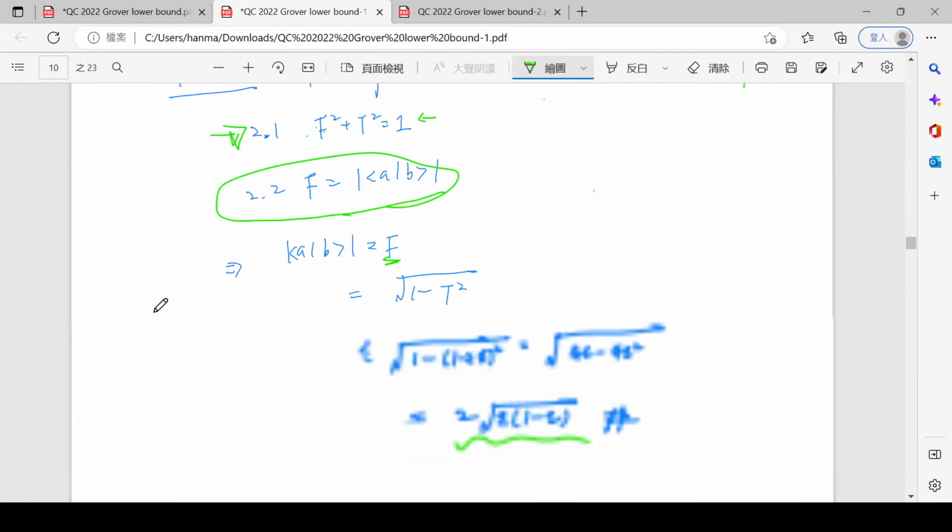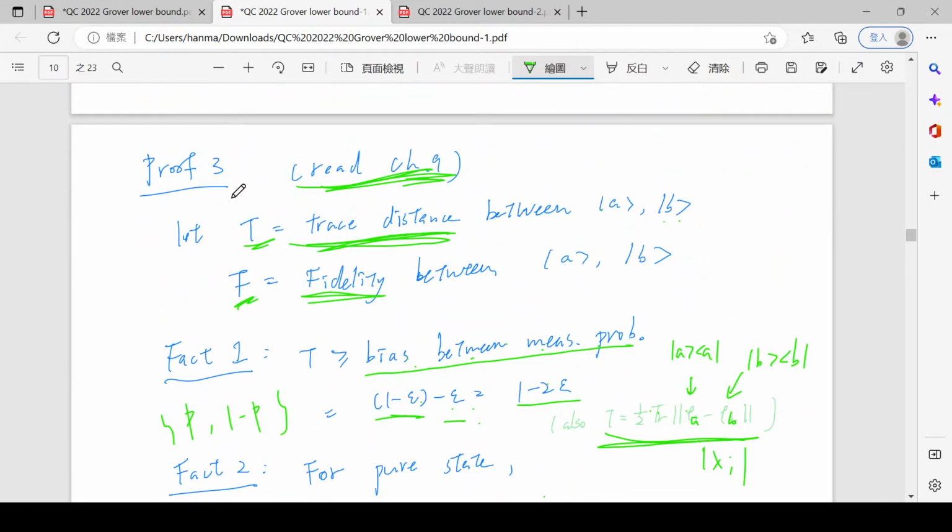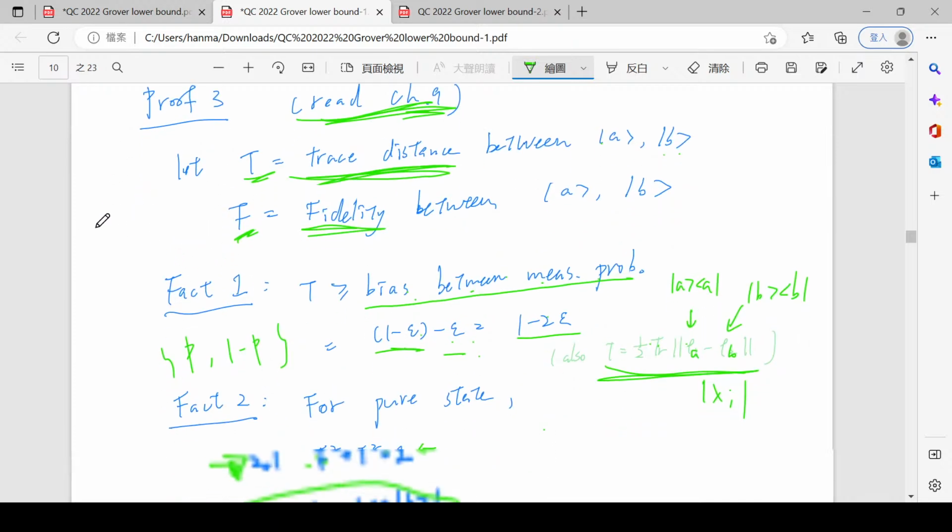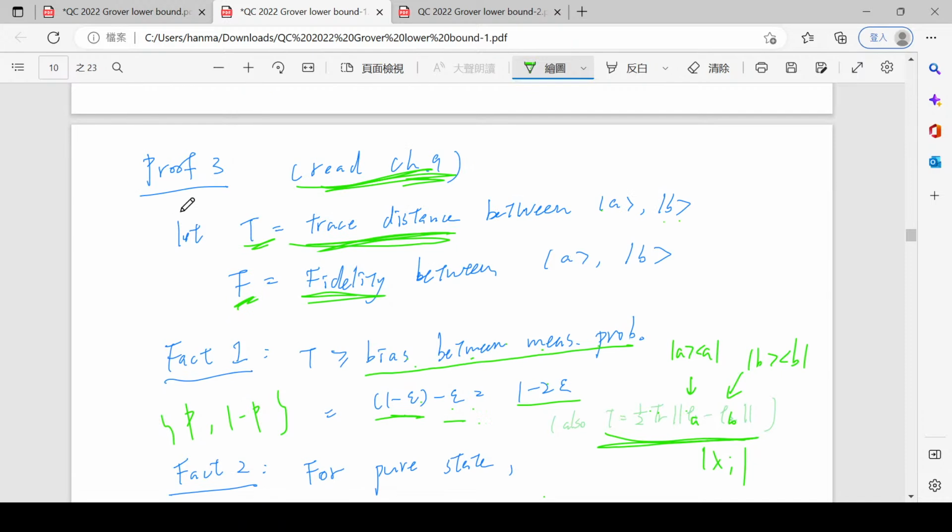And finally, there's proof 3, which uses information theory. We don't quite teach this in this class, but this is a quite nice intro to show you what quantum information theory can do. So we introduce two quantities that are pretty useful. They are distance measures between two quantum states. For pure states it is a bit boring, but usually it's used to track the difference between density matrices. Anyway, there are trace distance and fidelity.